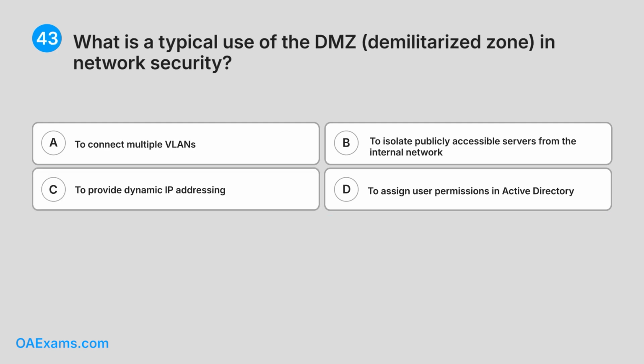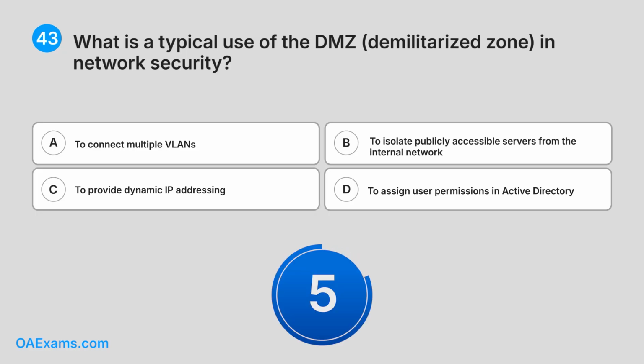43. What is a typical use of the DMZ, demilitarized zone, in network security? A. To connect multiple VLANs. B. To isolate publicly accessible servers from the internal network. C. To provide dynamic IP addressing. D. To assign user permissions in Active Directory.